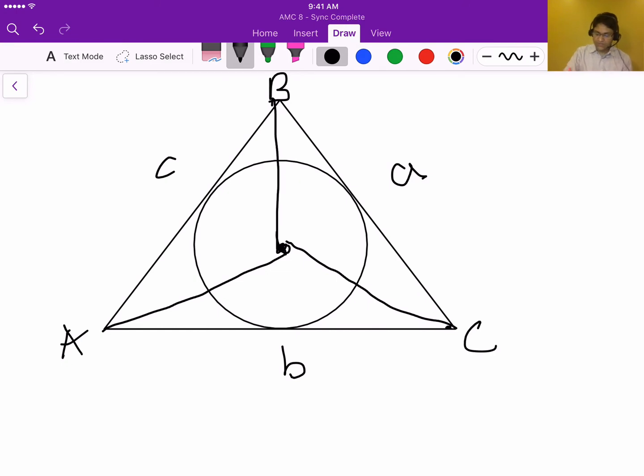So this incenter is the intersection between the angle bisectors. And by that I mean, here's an angle bisector. Basically that angle is literally cut in half. So the line which cuts angle A in half is called an angle bisector. Similar thing over here, and another thing over here.